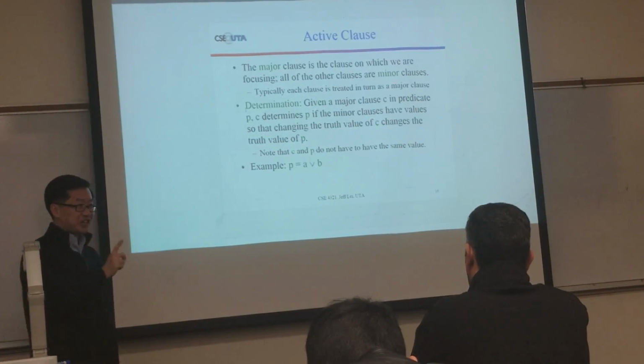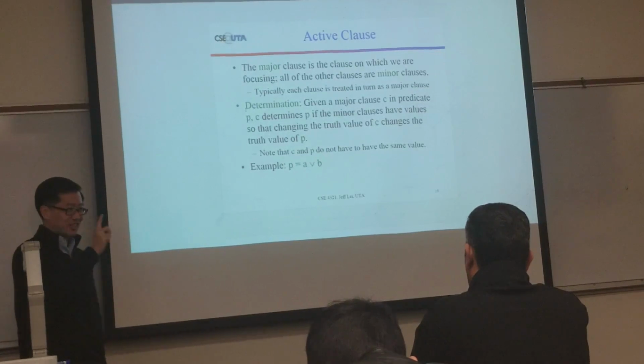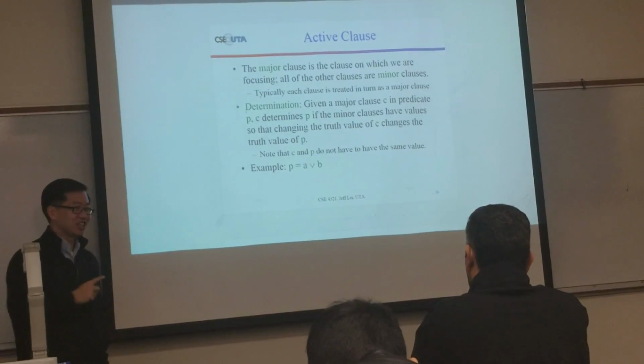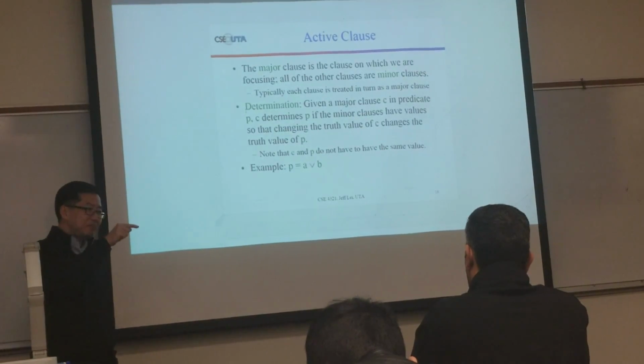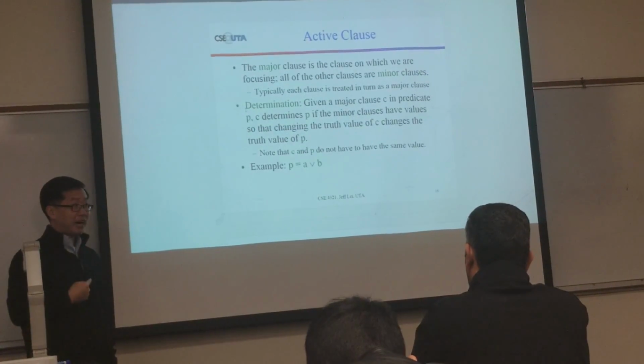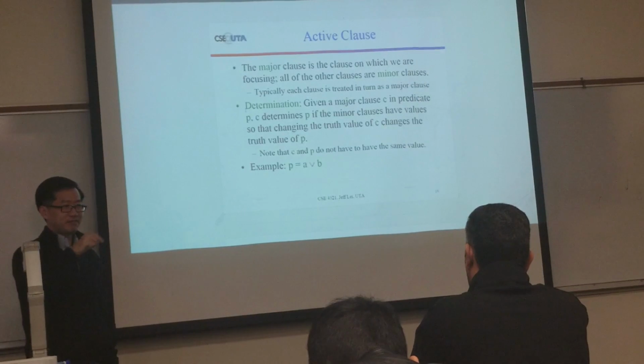If you make a mistake in any of the classes, you're going to have a bug in it. You could make an incorrect decision. What it means is that if you flip the value of a major class and the predicate value does not change, the effect of that major class must be masked by some other classes.